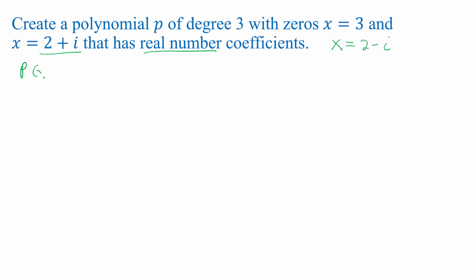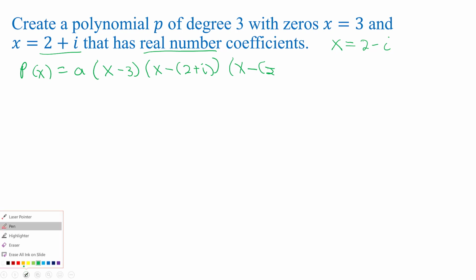P of x is going to be equal to some coefficient a times x minus 3. Remember, if 3 is a zero, then x minus 3 is a factor. 2 plus i is a zero, so x minus 2 plus i is a factor.